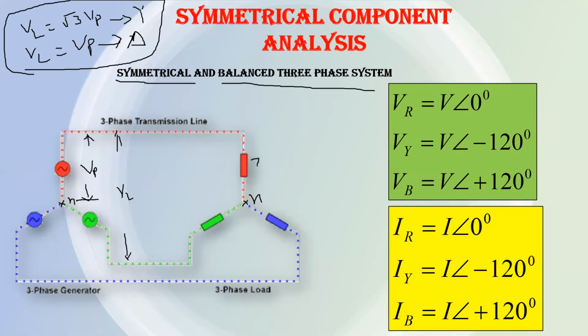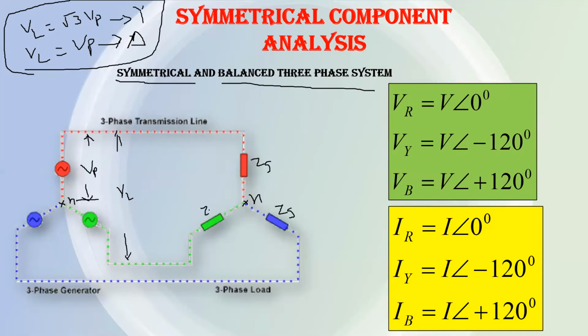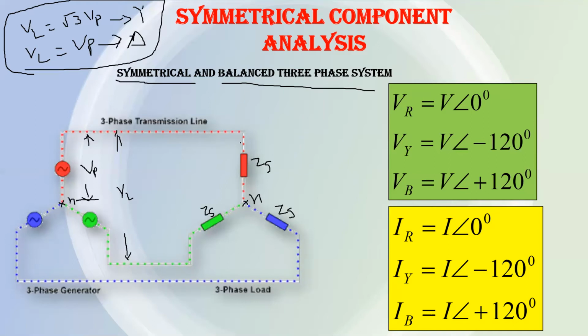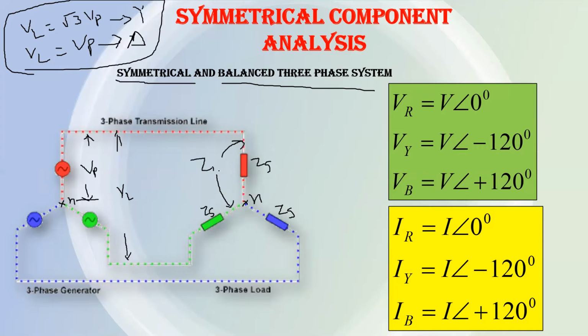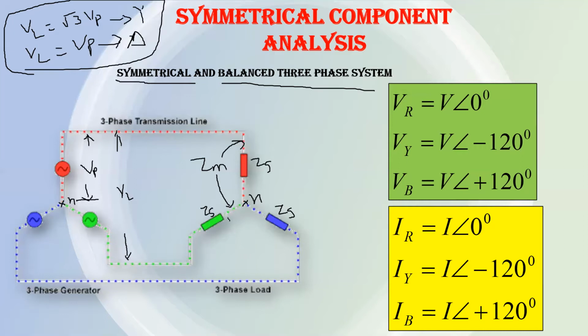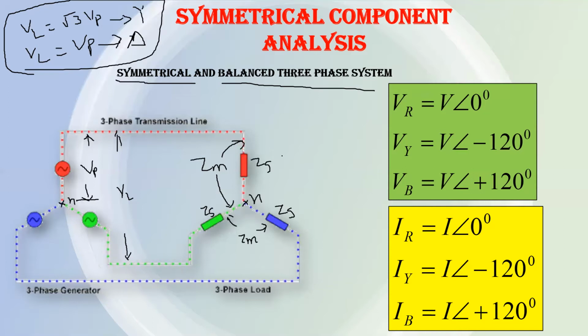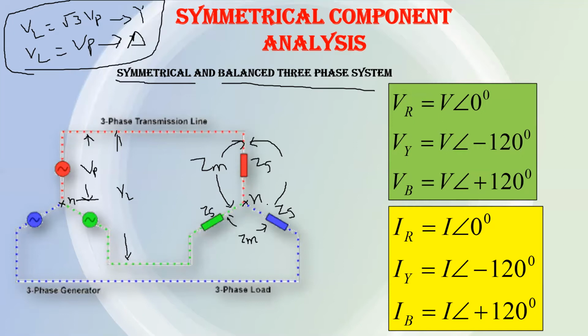If the self-impedances of its phases are equal, and if there is any mutual impedance between the phases, and these mutual impedances are also equal, then you will say this load is symmetrical.